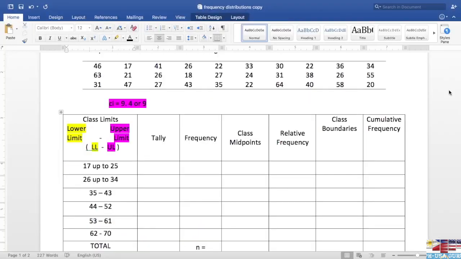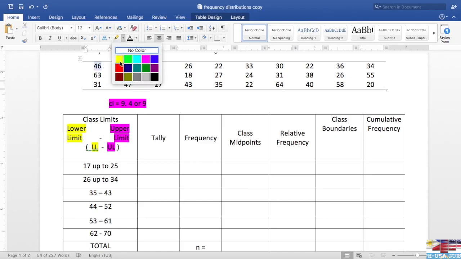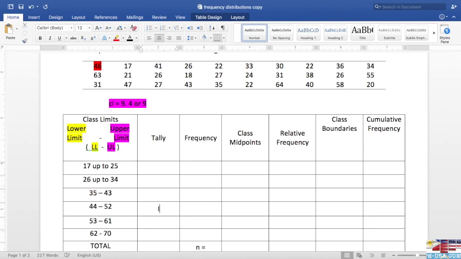The next step is to tally the ages of drivers under the influence of alcohol in each category or class. So let us highlight, please don't forget. 46 falls between 44 and 52, so let's mark that. 17, highlight it.